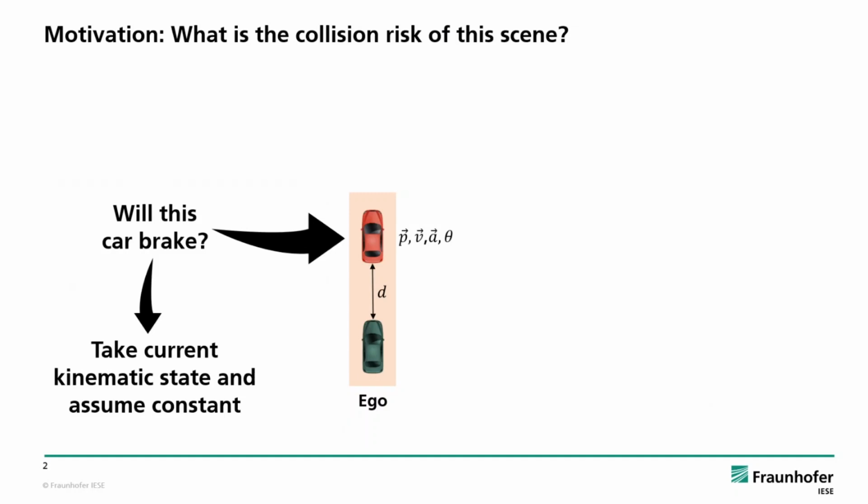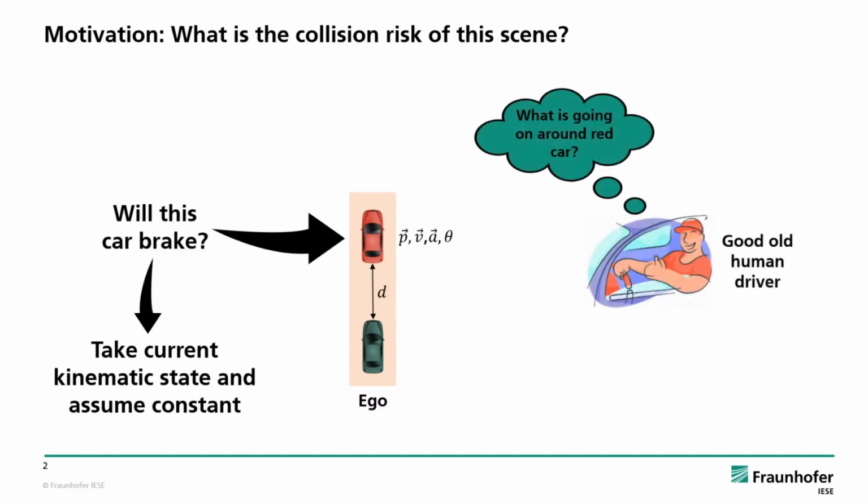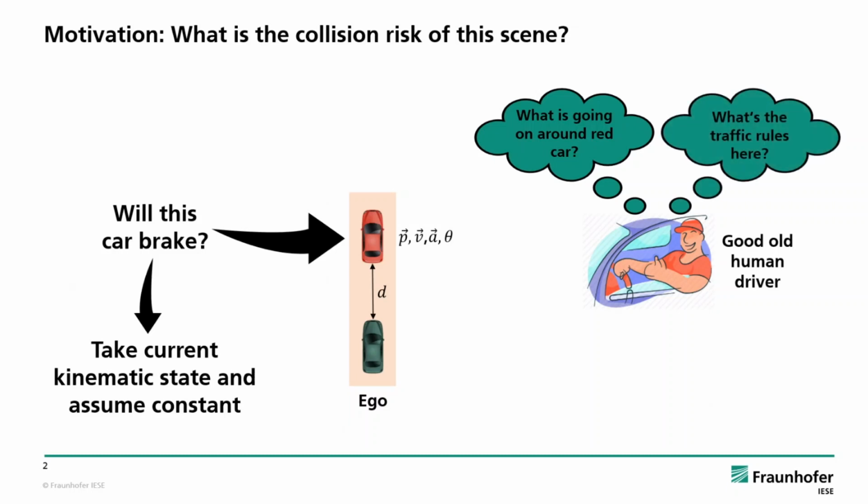But if we remind ourselves what a human driver would do, then we would use much more sophisticated knowledge in order to get an idea what the braking behavior of this vehicle might be. So we would ask ourselves what is going on around that red car. Are there other actors influencing this vehicle? Are there traffic rules, and how do they constrain the behavior of this red vehicle?